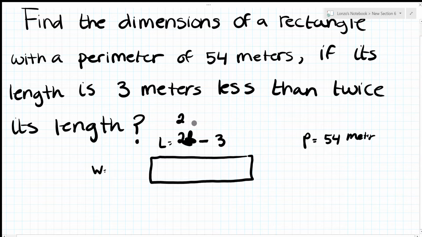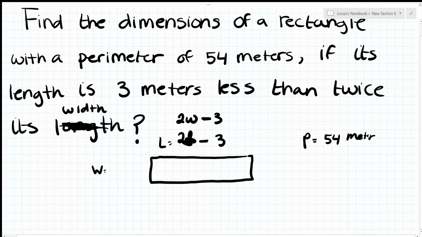So it's 2W minus 3, right? Let me reread this. If its length is 3 meters less than twice its width, it's 2W minus 3. And we'll leave W as W.